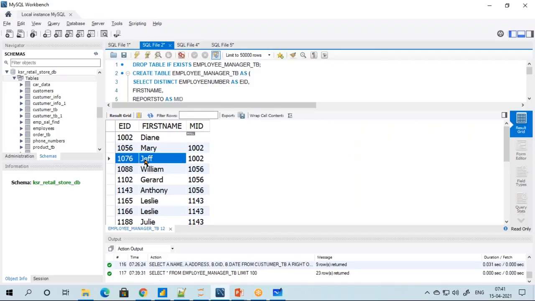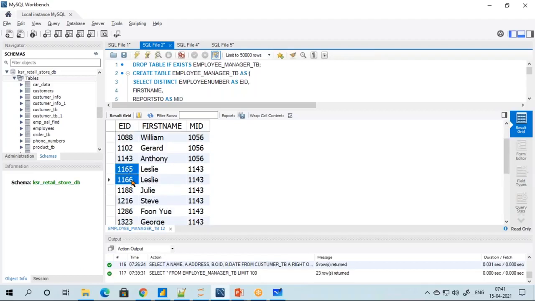The same way, if you see here, 1076 is the ID for Jeff. His employment ID is Jeff. But who is his manager? Manager is Danny. The manager ID is something which will be equal to the employee ID, because the employee ID is something which is given by Danny. Now understand. All these three people, Lacey is there. Maybe two people are there with the same name.